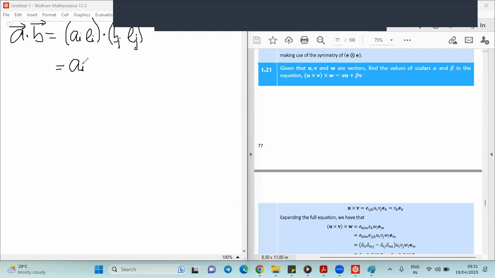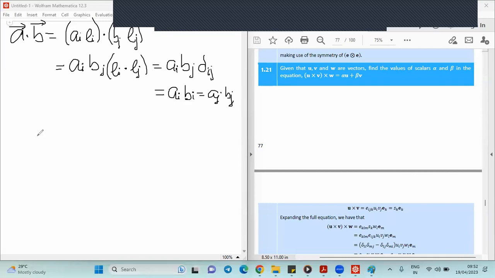That is A_i B_j. Then the items that have a dot between them are the vectors e_i and e_j, so that's e_i dot e_j. At the end of the day, we'll have something called the Kronecker delta. I'm not going to get into what that is. So it will be A_i B_j delta_ij, and that's essentially A_i B_i, or A_j B_j.